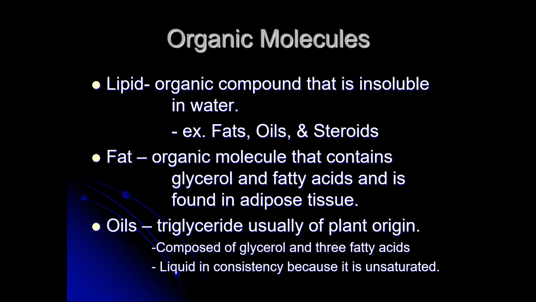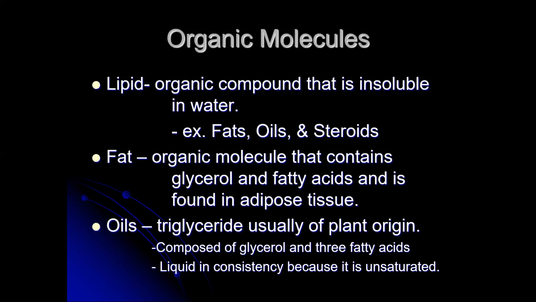That's what we're eating or using to cook. The oils are plant origin and they're usually liquid in consistency at room temperature because they're unsaturated, as I explained previously. And here we have a glycerol and 3 fatty acids in a chain.